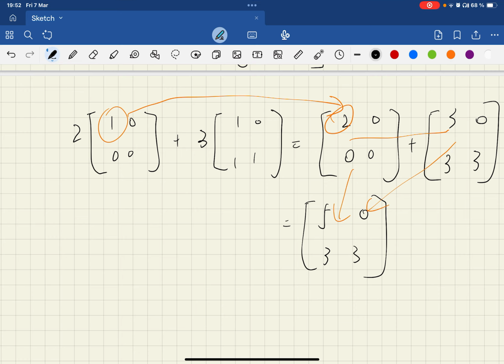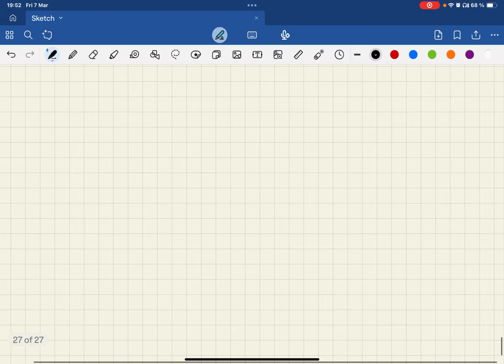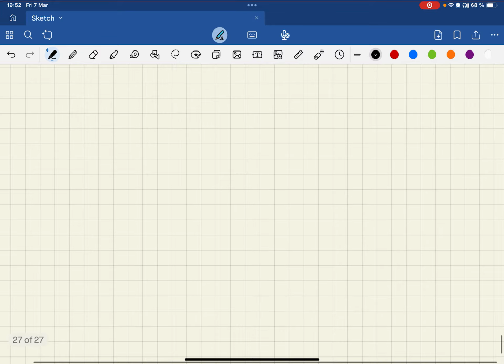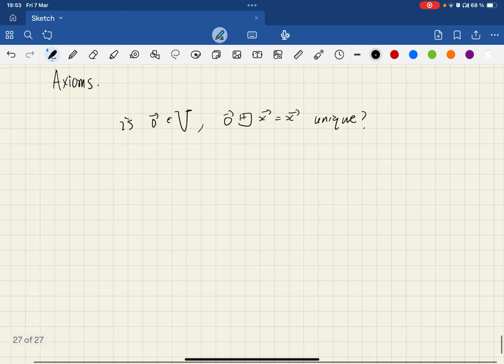Yeah. All right. We have to show something in the axioms, right? What if someone asks whether this is unique? Now we can show this.